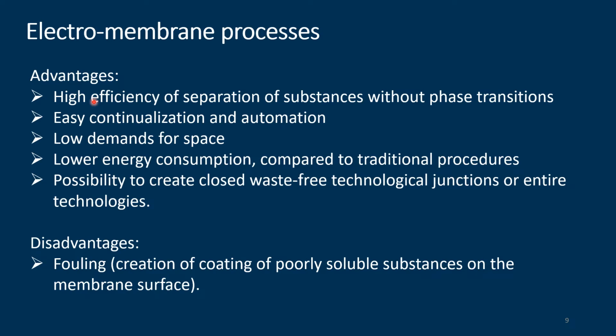Also, you can use the bipolar membrane to have a specific application of electrochemical process, and easy continuation optimization, low demands for space, and lower energy consumption compared to traditional procedures, and possibility to create the closed waste-free technology junctions or entire technology.